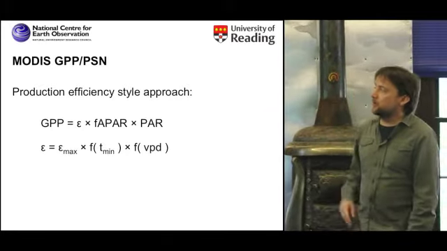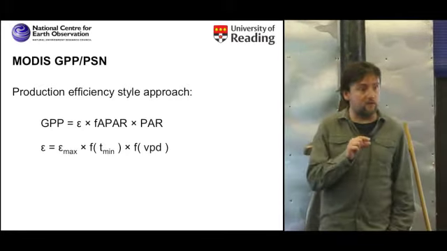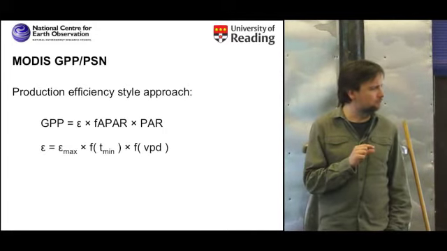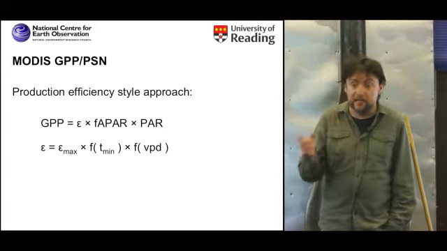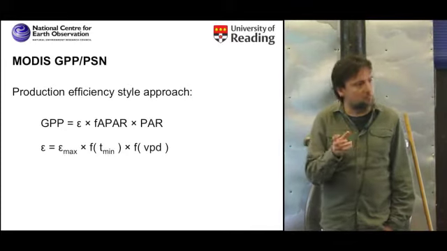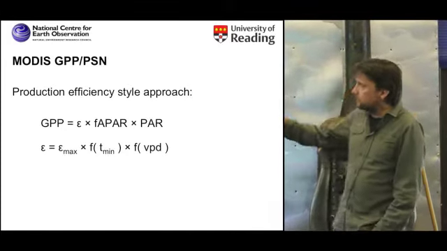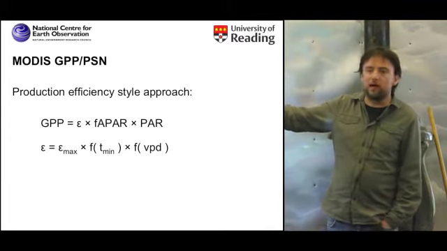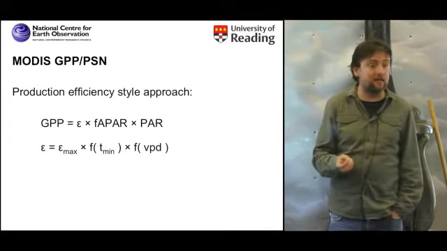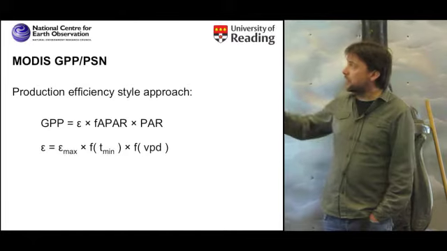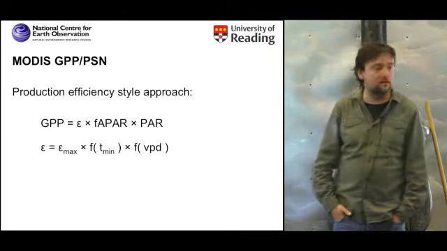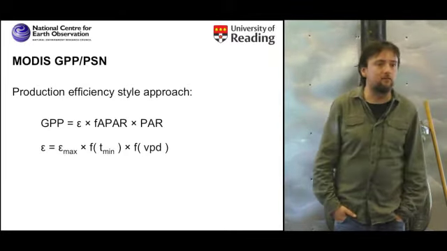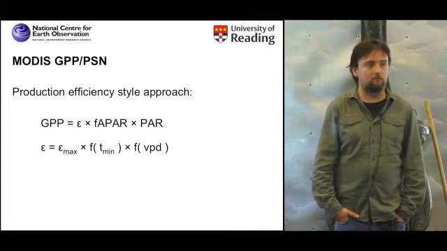It's typical for that efficiency term to be some sort of model. Well, in the MODIS product it is; in some of the other products, not. But for MODIS, that efficiency term is a simple model, which is basically that each biome will have some hypothetical maximum efficiency, and then that is scaled by a bunch of functions of things like temperature and vapor pressure deficit.